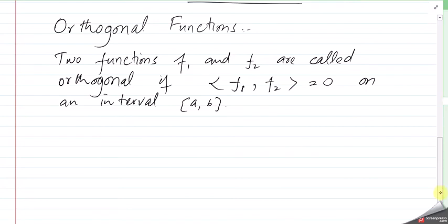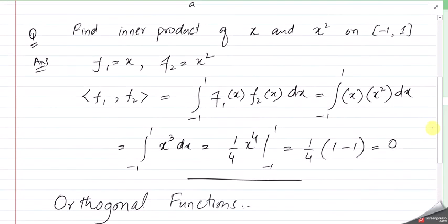So we just saw an example up here. So we saw that the inner product of x and x square on minus 1 to 1 is 0.